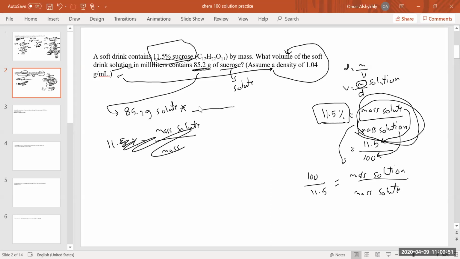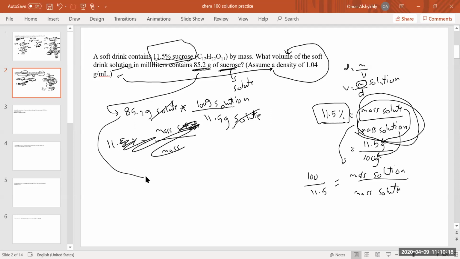So here I will put the 100 gram, by the way, this is a gram, this is a gram, 100 gram solution in the top, and here 11.5 gram solute. So here the solute is the sucrose, gram solute.